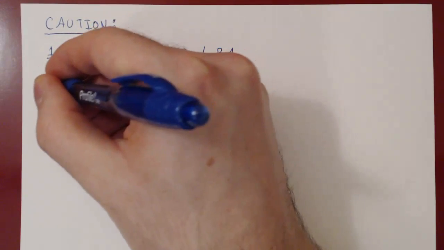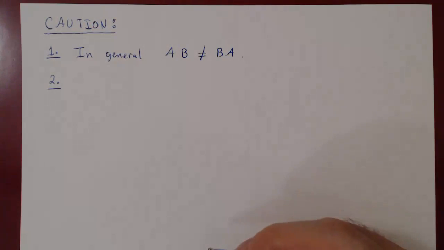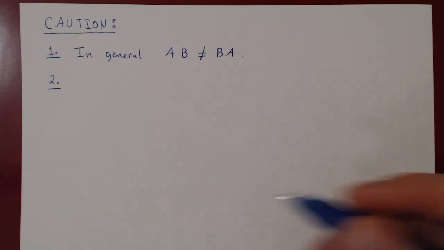The second property, which is usually true of real numbers but is not true of matrices.